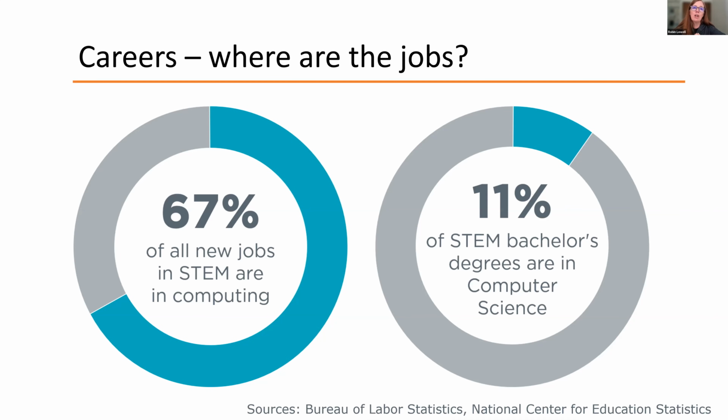67% of all new jobs in science, technology, engineering, and mathematics are in computing, 67%. But the discrepancy is that only 11% of STEM bachelor's degrees are in computer science. There's a huge discrepancy between what's needed in the world and what people are going to school for.